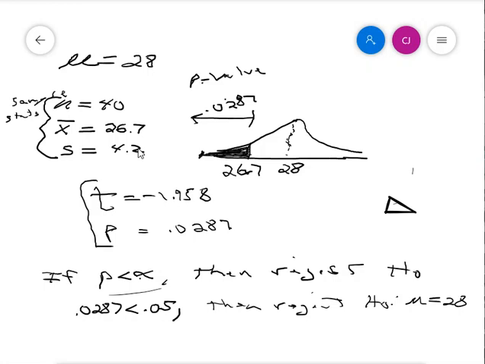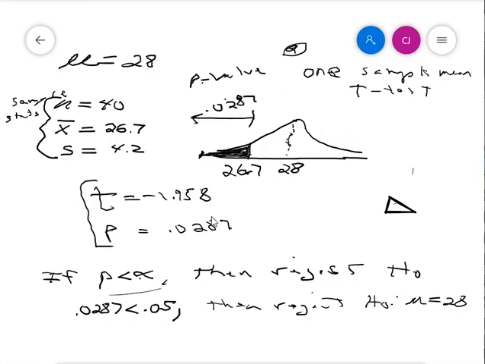We plugged the numbers into the calculator, right? We ran a t-test, a one sample mean t-test. On your calculator, it's number 2 under t-test.